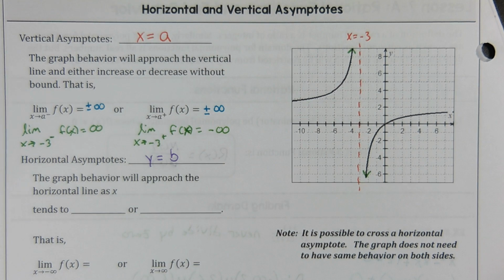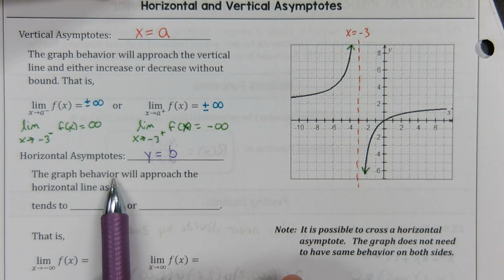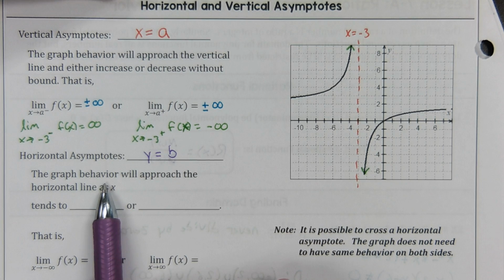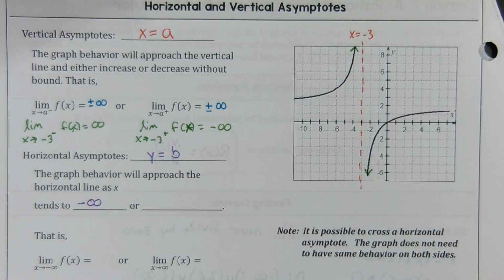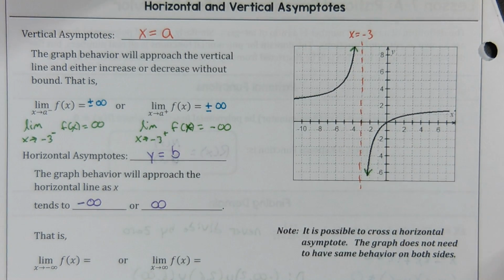So what is the definition of a horizontal asymptote? A horizontal asymptote is a place where the graph's behavior will approach our horizontal line as x is decreasing forever without bound or increasing forever without bound.